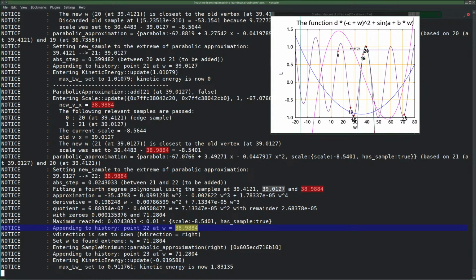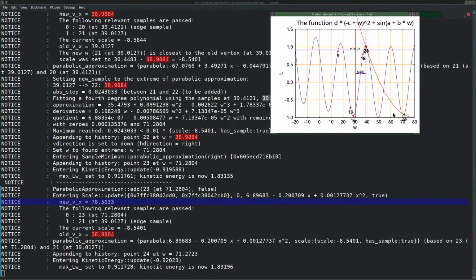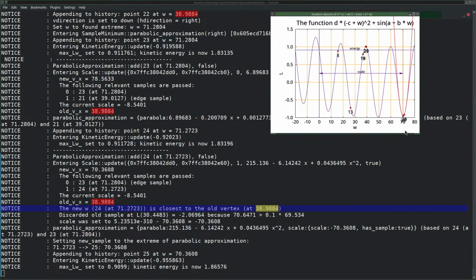Then what happens? Oops. And then again, it just fits a random parabola because it takes a point here. I should fix that. And then we get the real one.